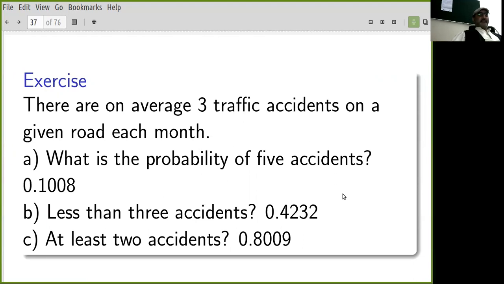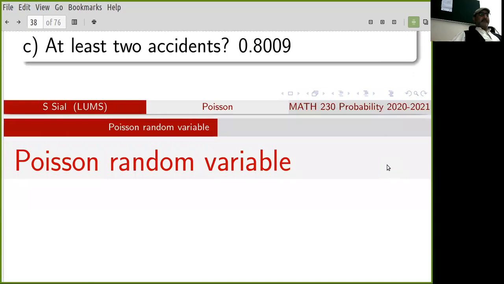That's the probability of 0 plus the probability of 1 plus the probability of 2. What's the probability of at least 2 accidents? That's 1 minus the probability of 0 minus the probability of 1. Here your lambda is going to be equal to 3 if you're doing everything per month.